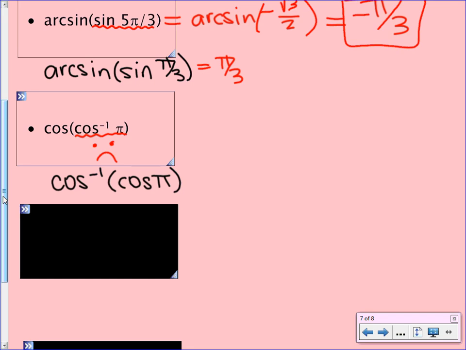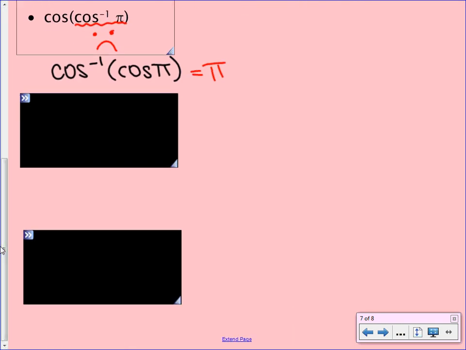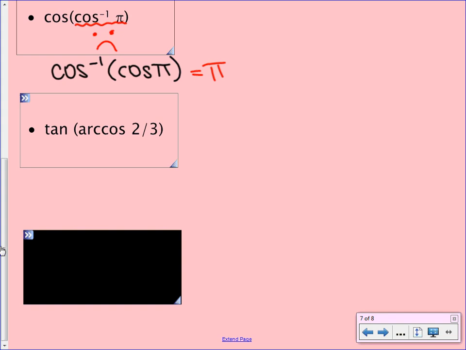So this one right here, could we answer this? What would it be? All right, let's steer away from our unit circle values. If it's not a unit circle value, then we get to draw a picture. It's actually easier. So first of all, inverse cosine of 2/3.